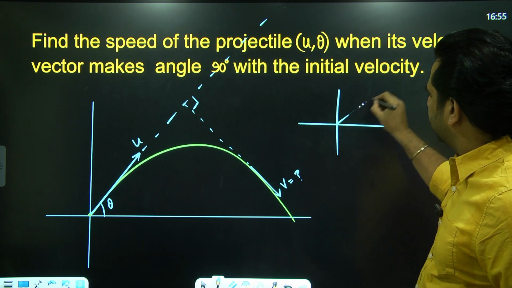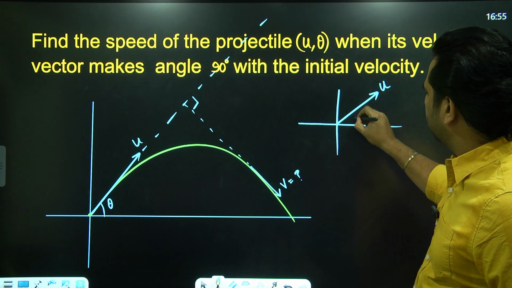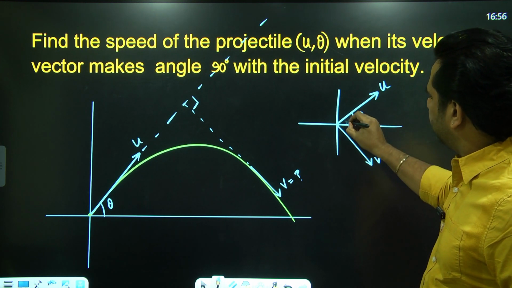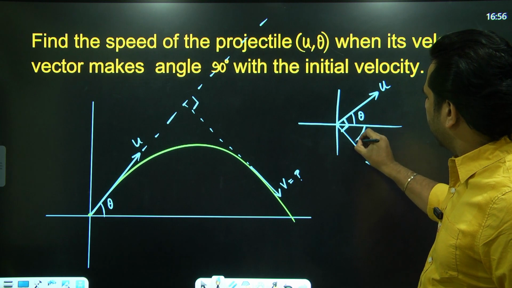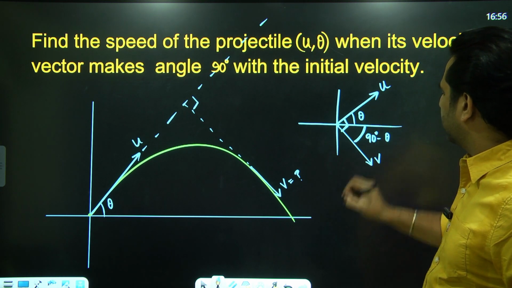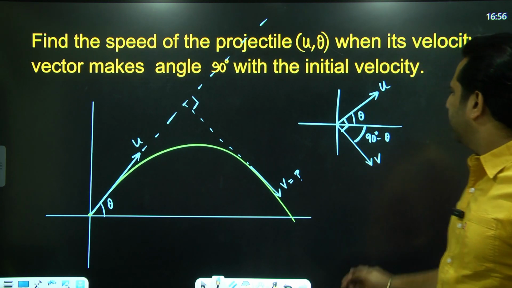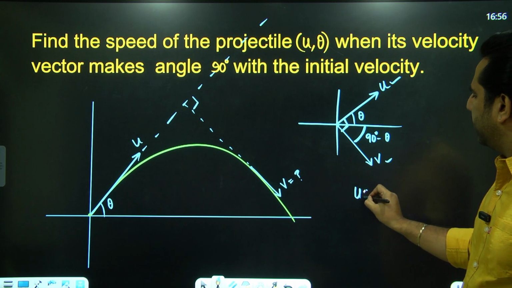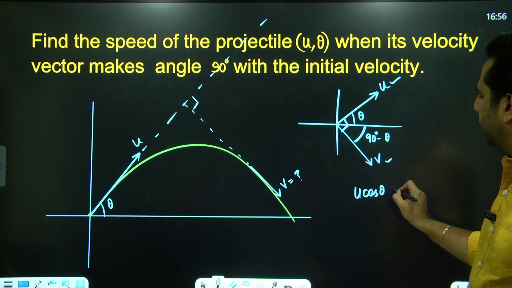Consider the directions. This is u, initial velocity making theta with horizontal. This is v at some instant, which is perpendicular to initial velocity. So the angle that it makes with horizontal is 90 degrees minus theta. Now you have to equate the horizontal component of these two velocities. Horizontal component of initial velocity is u cos theta.